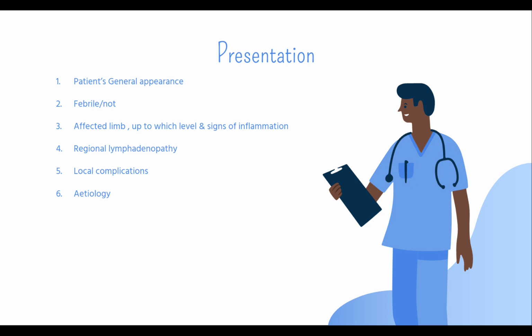Then we can go for the local examination. We can tell the affected limb, up to which level the cellulitis has spread, and that the signs of inflammation are present here. We have to tell the regional lymphadenopathy, then the local complications, and if you found an etiology, tell that this is the etiology I found, and you can end the case.